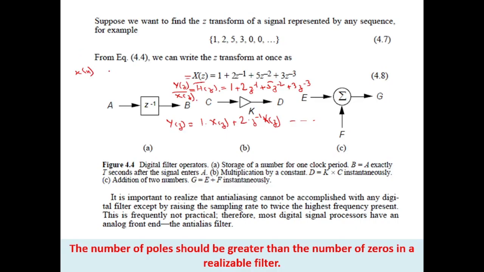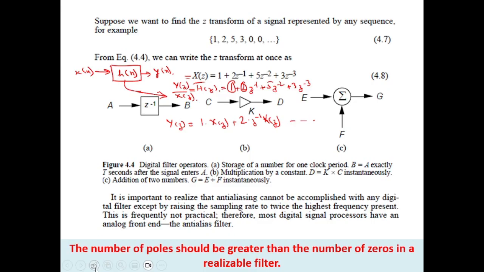This means that x(n) is going into a system having h(n) as the transfer function or the impulse response, and then we get y(n). And this h(n) has been represented with these coefficients 1, 2, 5, 3.